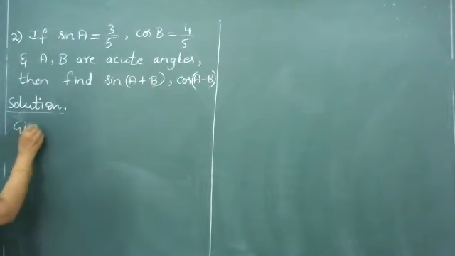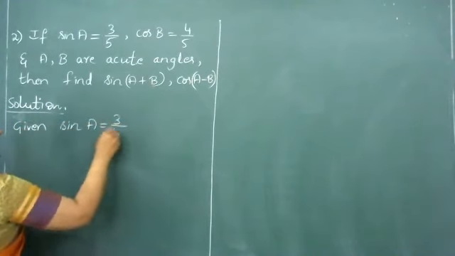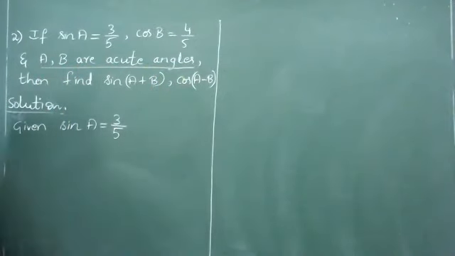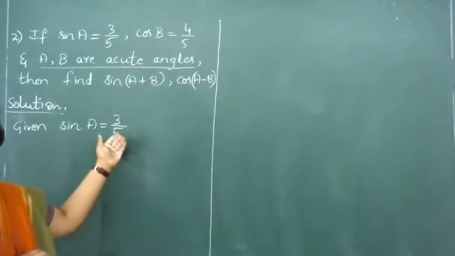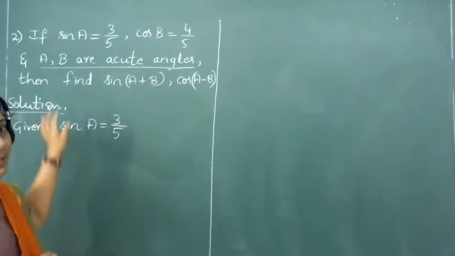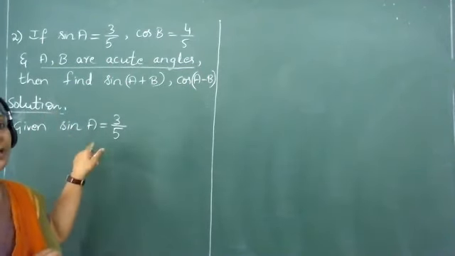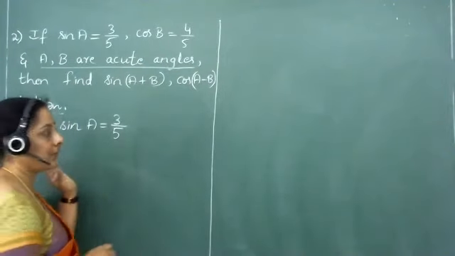We are given sin A equals 3 by 5. Further, they have given that A and B are acute angles. Acute angles means the angle will be greater than 0 degrees and less than 90 degrees. That means angles will lie in the first quadrant. Trigonometric ratios of all angles lying in the first quadrant will always be positive, isn't it? So you have sin A positive, 3 by 5.